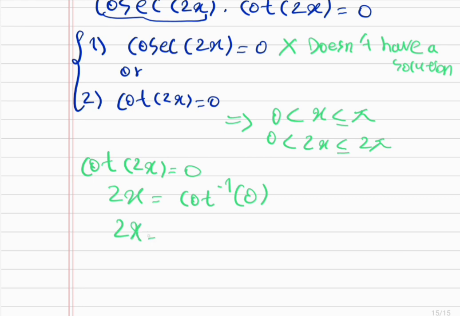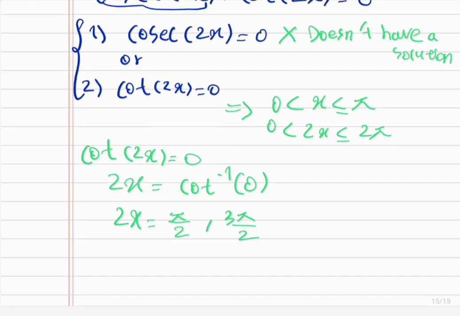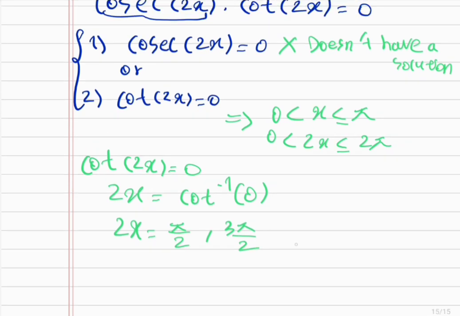So this gives you the values of pi over 2 and even 3 pi over 2. Obviously this continues, but that's enough for us, because that's in the domain that we have defined. So we just divide everything by 2, because we want the value of x: pi over 4, 3 pi over 4.